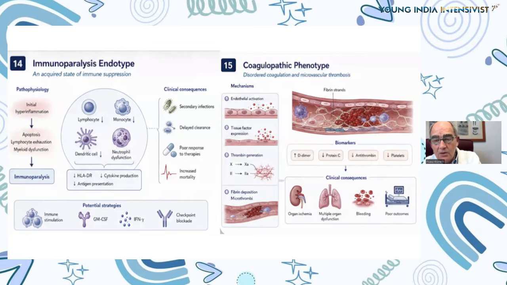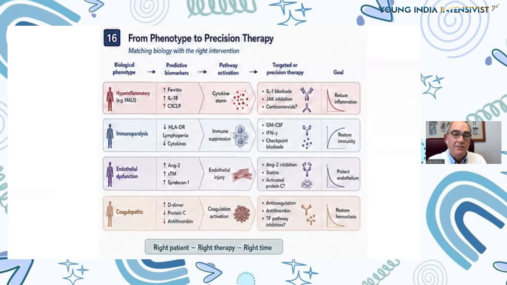The clinical consequences are the bleeding, dysfunction of the organ, and finally the bad outcome. So I think that we have to move from the concept of phenotype to the idea of applying a precision therapy in order to counteract a specific biological situation. Let's have a look at what I really mean, going from the biological phenotype to the goal of therapy.